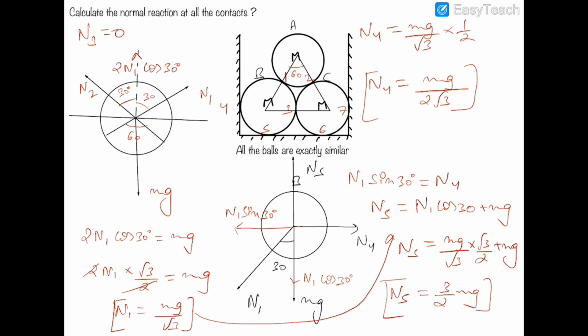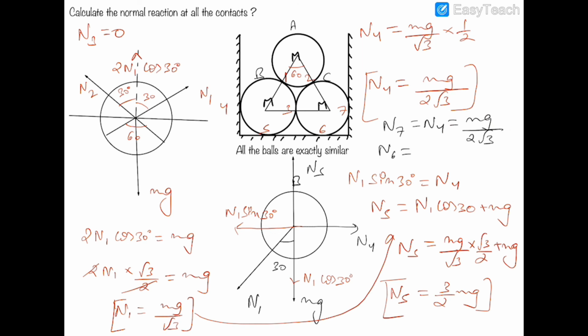We can see that we have calculated N5, we have calculated N3 which was 0, we have calculated N1, N2, and we have calculated N4. Now if I draw the free body diagram of ball C, I can see that it would be exactly the mirror image of the free body diagram of ball B. So I can conclude that N7 will be equal to N4, that is mg by 2 root 3.